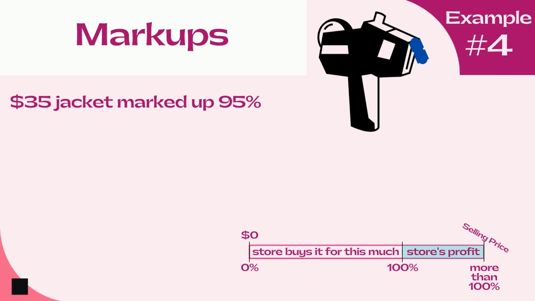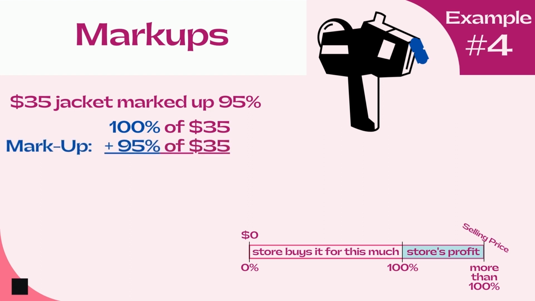So we need to figure out how much they're going to sell this jacket for. If they only sold it for 100% of $35, they wouldn't make any money. So the store marks up the jacket 95% of $35. When you look at the price tag on that jacket, it's going to say whatever 195% of $35 is.